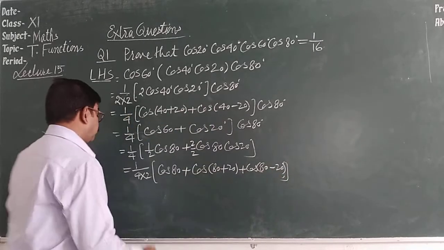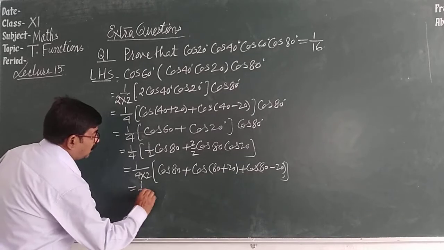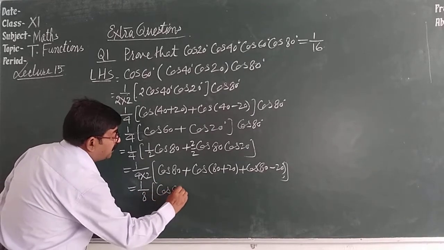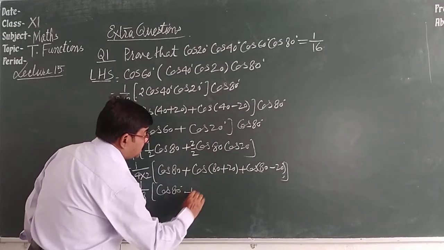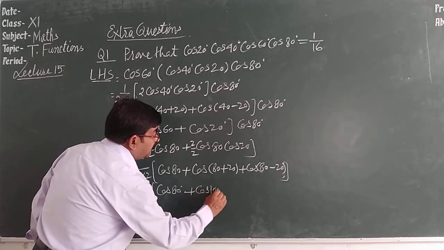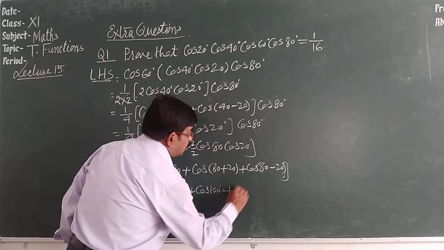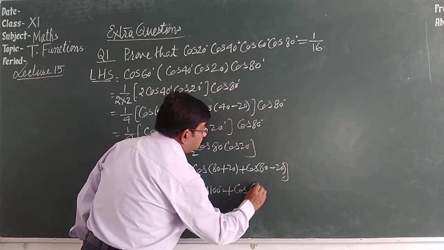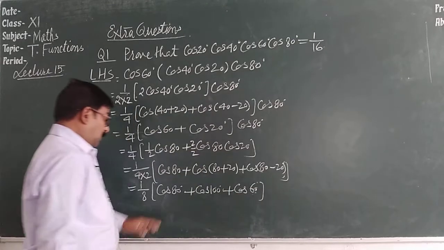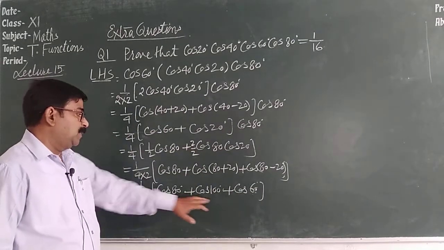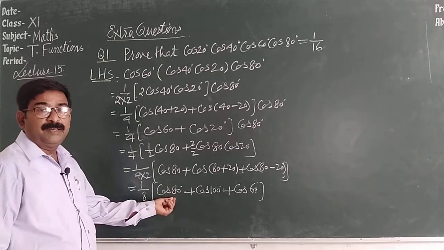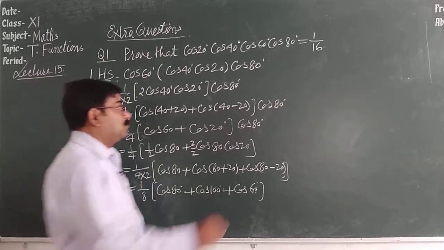See, this is 1/8 cos 80 degree plus cos 100 degree plus cos 60 degrees. Here 80 and 100 are supplementary angles. So 80 can be changed to supplement or 100 can be changed to supplement.